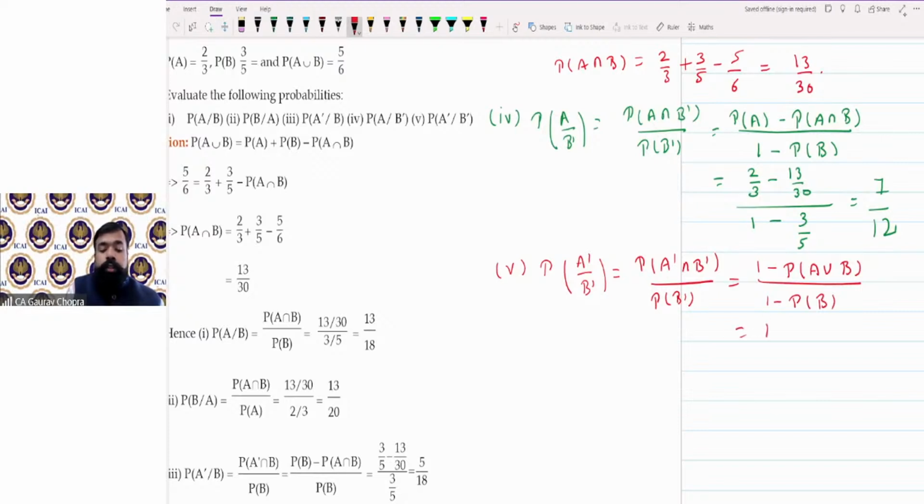So what is A union B? It is already given in the question, 5 by 6, upon 1 minus PB. PB is how much? 3 by 5. So what will be the answer? 1 by 6 divided by 2 by 5. You will get the answer.